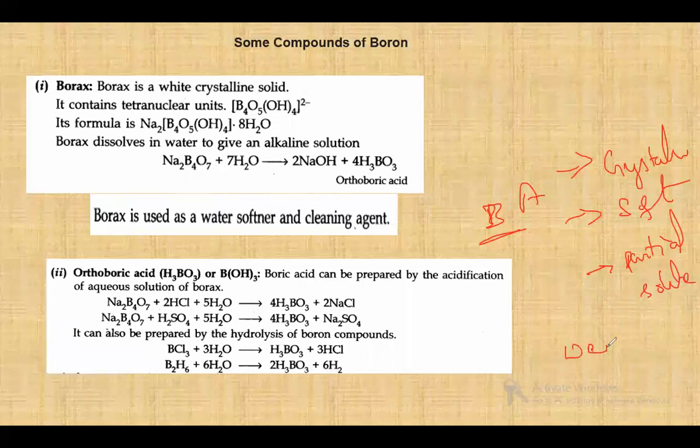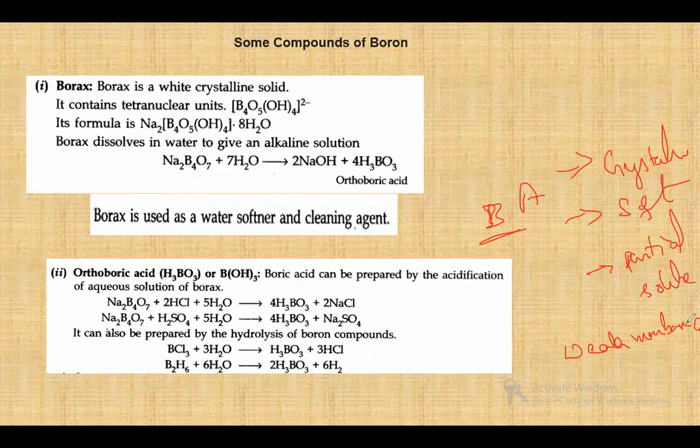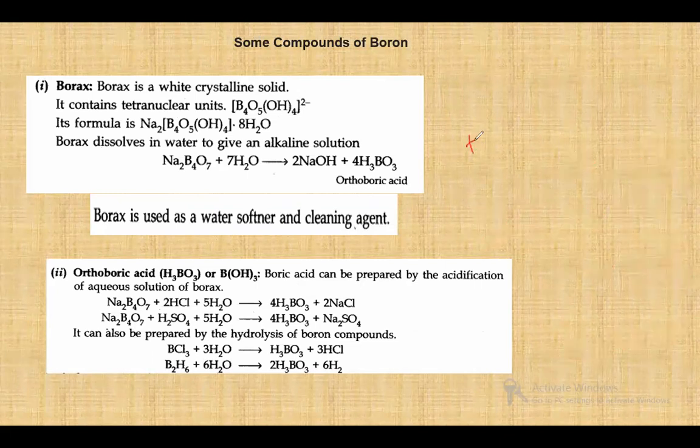Orthoboric acid, H3BO3, if treated with water, H2O, will form the borate ion, B(OH)4 minus. Similarly, treated with sodium hydroxide, NaOH, it will form NaBO2, sodium metaborate.